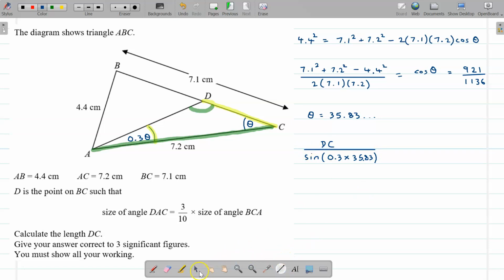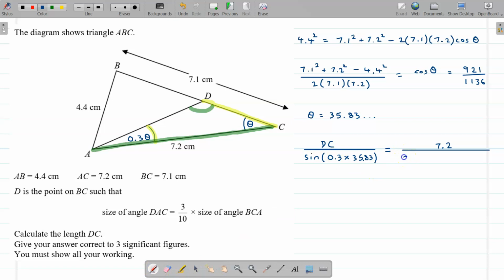And that is equal to 7.2, which is the length AC, over the sine of this green angle here.